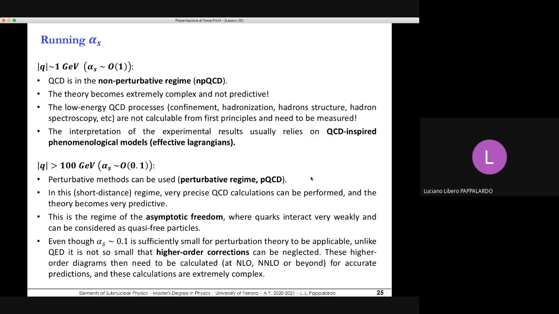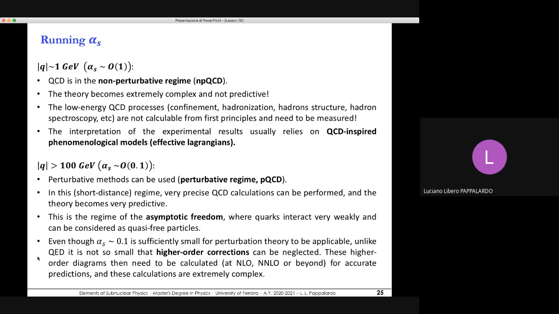In this short distance regime, very precise QCD calculations can be performed, although they are extremely complex, and the theory becomes predictive. This is also the regime of the asymptotic freedom that I was mentioning before, where the coupling constant is so small that the quarks interact very weakly, and they can be considered as quasi-free particles inside the hadrons. We'll come back to this next week.